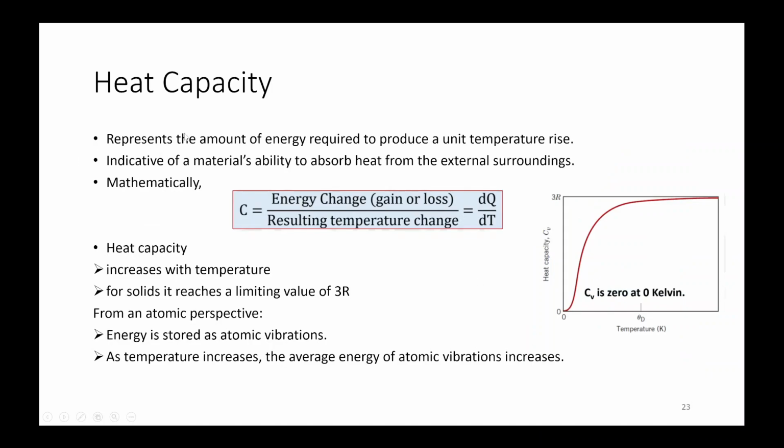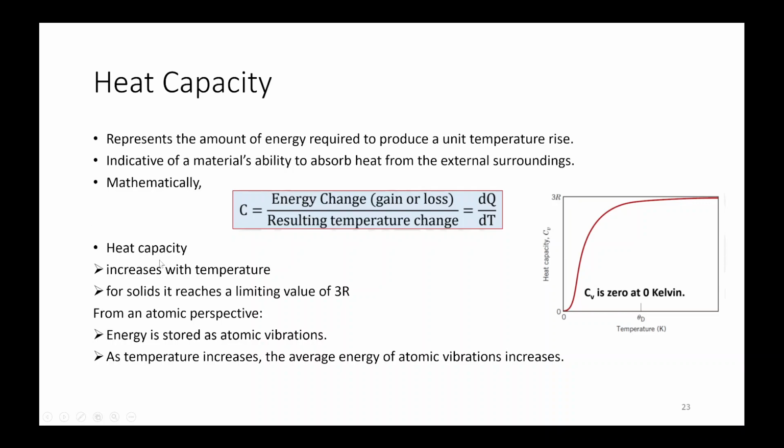Now heat capacity represents the amount of energy required to produce a unit temperature rise, and it is indicative of a material's ability to absorb heat from the external surroundings. This can be written as the energy change, gain or loss, divided by the resulting temperature change, so dQ upon dT.